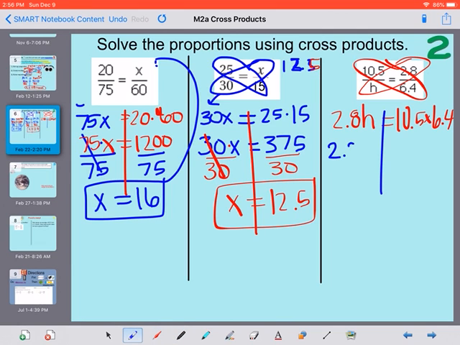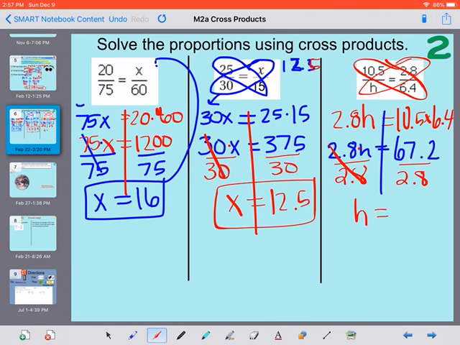So we have 2.8h, and then 10.5 times 6.4 gives me 67.2. I just used my calculator to multiply. And then the opposite of multiplying by 2.8 would be dividing by 2.8. Remember, you're always getting rid of whatever's with the h, or whatever letter you have.